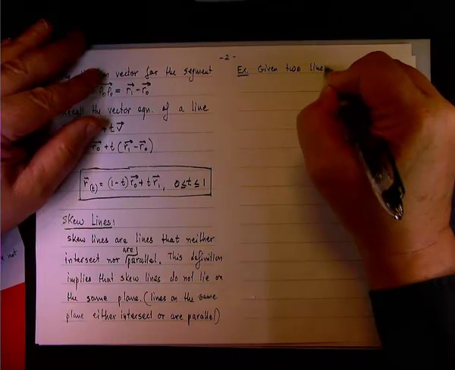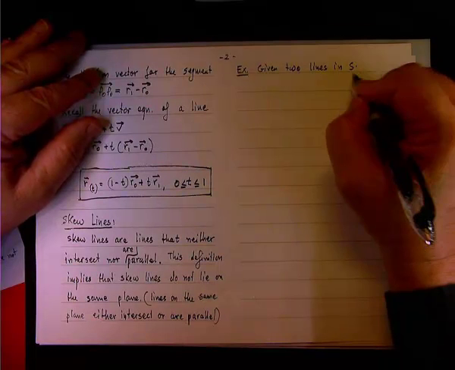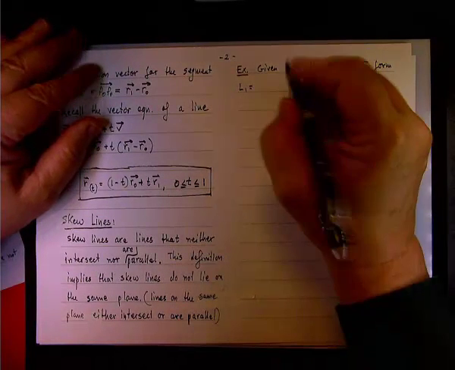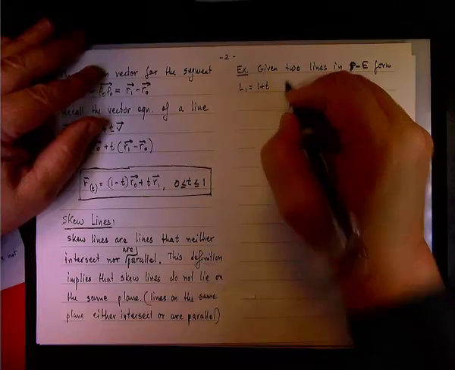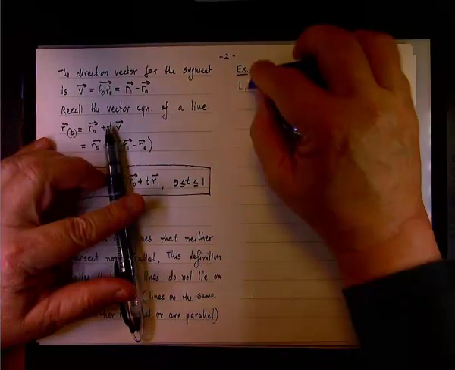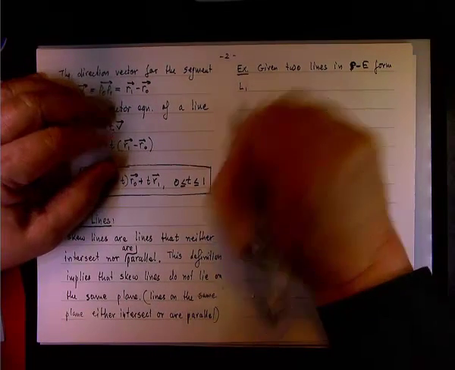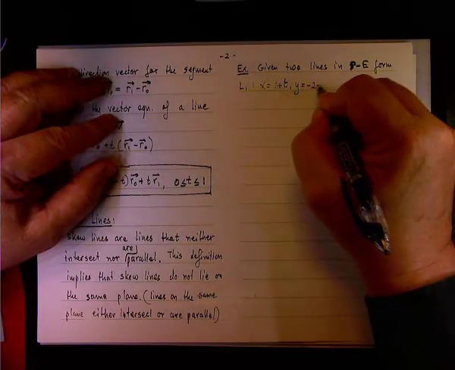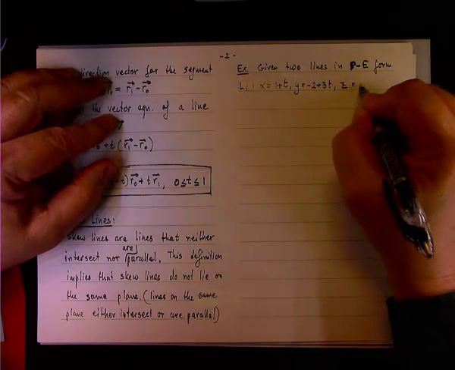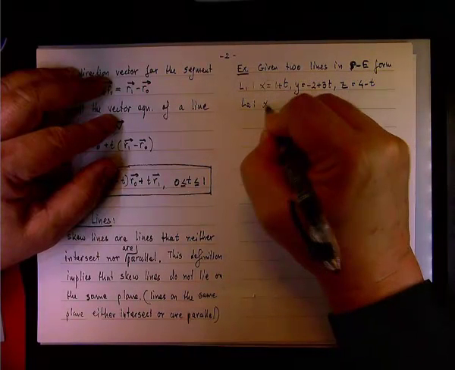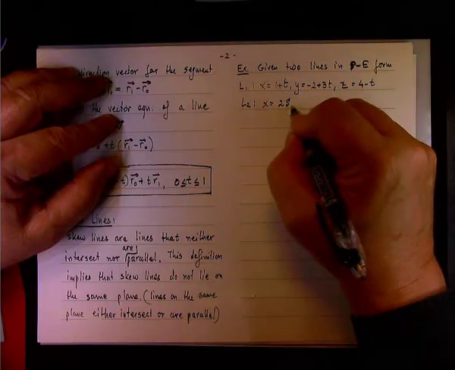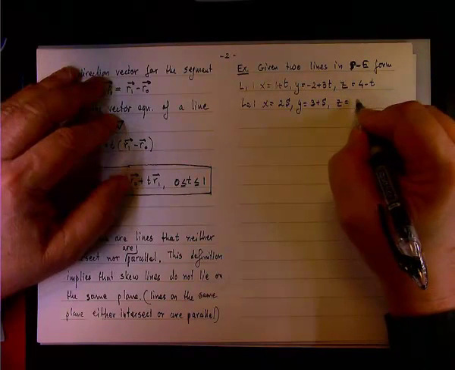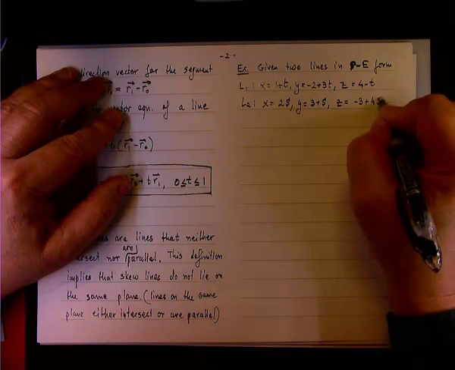Like so. So here's the example. Given two lines in parametric equation form, in PE form, L1 looks like x equals 1 plus t, y equals -2 plus 3t, and z equals 4 minus t, and L2 will be given by x equals 2s.